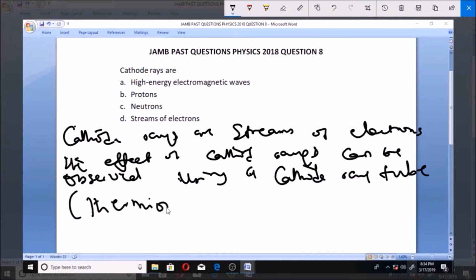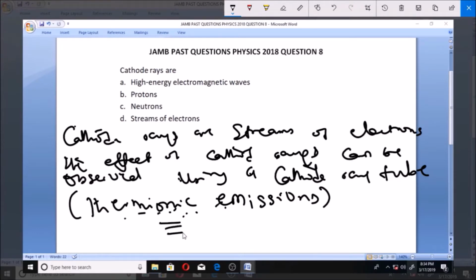So when you check your textbook for cathode ray tube, you're going to see how it works, and the process that actually happens in the cathode ray tube is what we call thermionic emission. Whenever there is the application of heat, there is release of some emissions. Thermionic emission simply means ionic emission due to the application of heat.